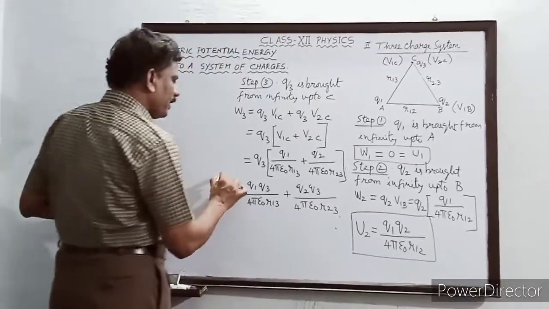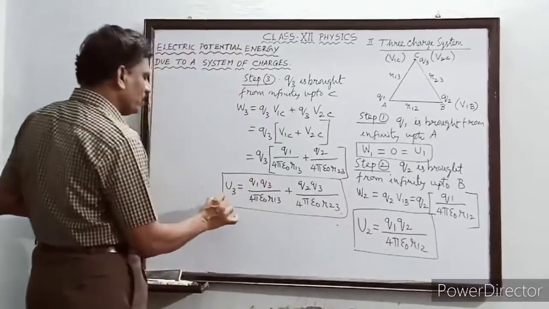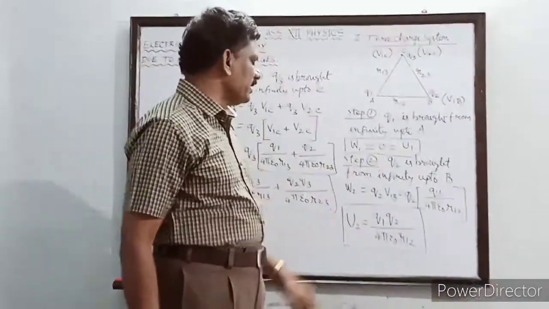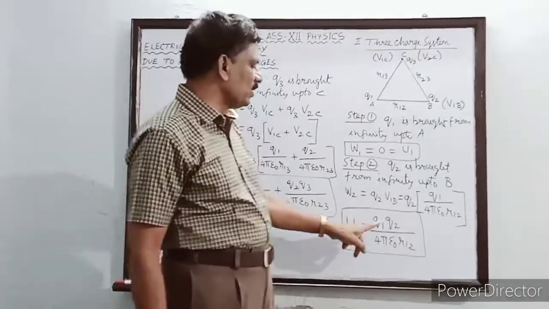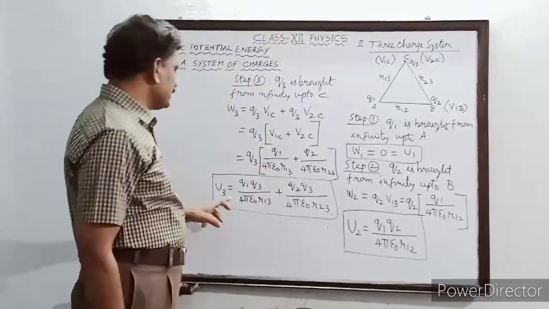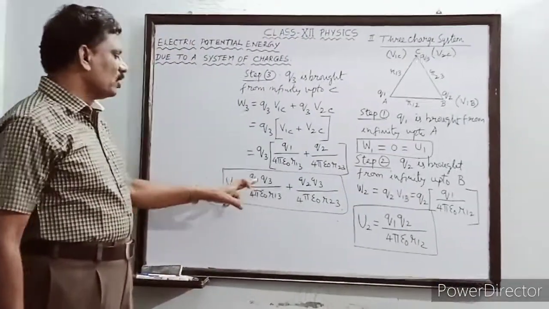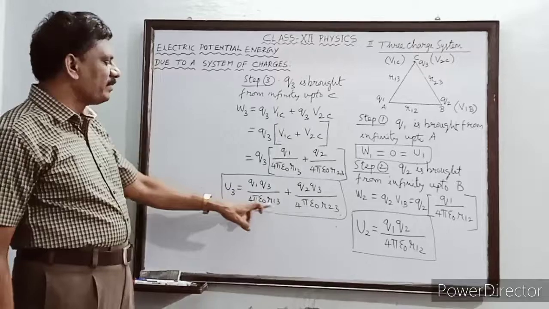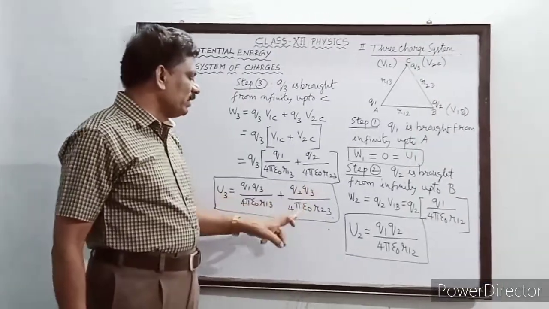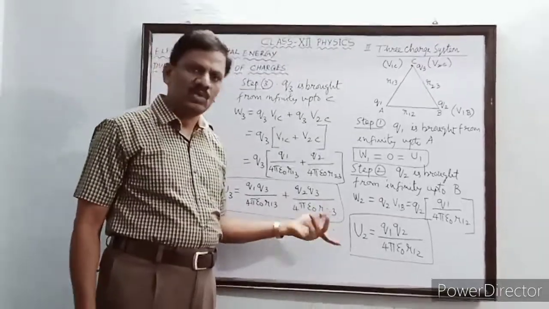So this is the expression for the work done during the third step. So in the first step U1 is equal to 0. In the second step U2 is equal to Q1 Q2 by 4 pi epsilon naught into R12. In the third step, U3 is equal to Q1 Q3 by 4 pi epsilon naught R13, added with Q2 Q3 by 4 pi epsilon naught R23.